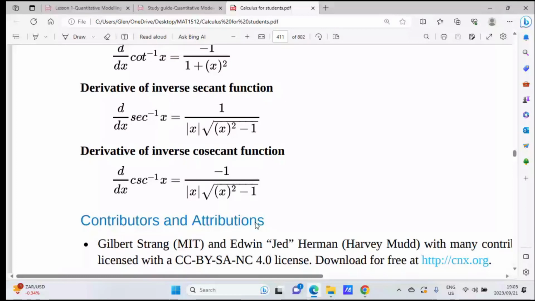That's an interesting question. What is your prescribed textbook saying? The prescribed textbook is saying the derivative of the inverse of secant x is equal to 1 over x radical sign, and underneath the radical sign, x squared minus 1.